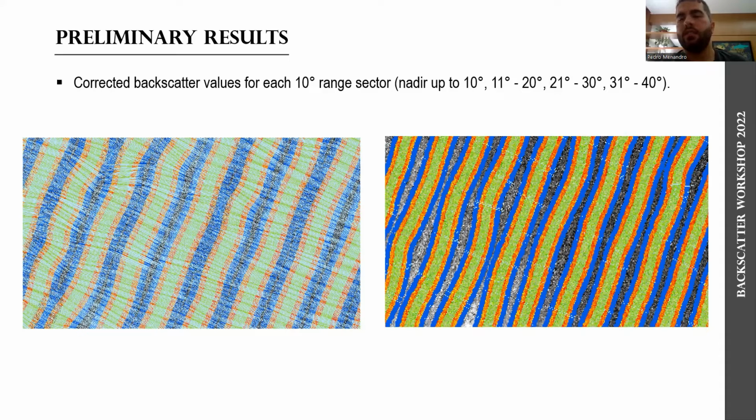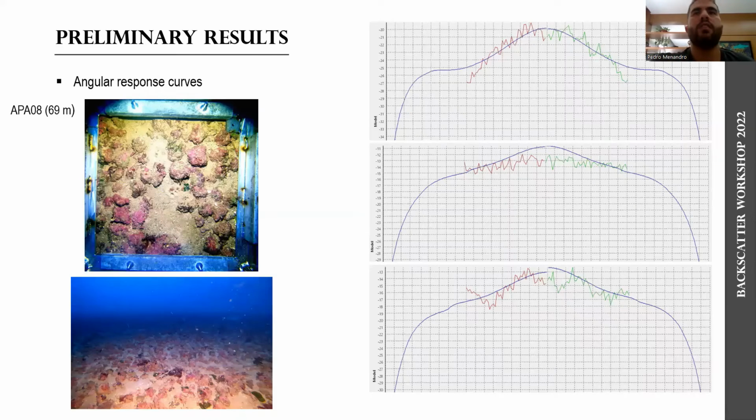And in addition to this, we have the angular response curves for each sample station. Here is an example of the angular curve for each frequency at a point with high coverage of rhodolith. We can note some differences between the frequencies.